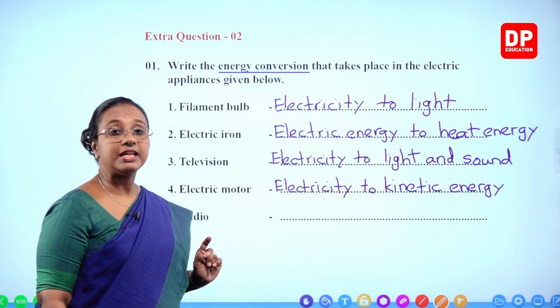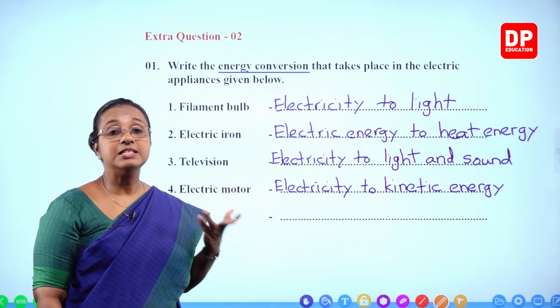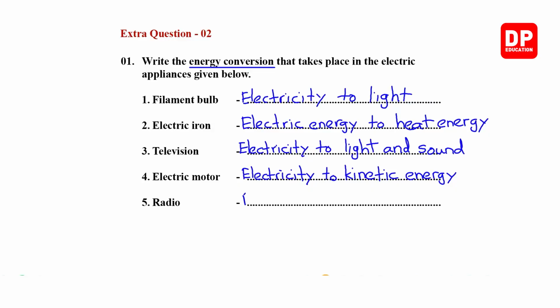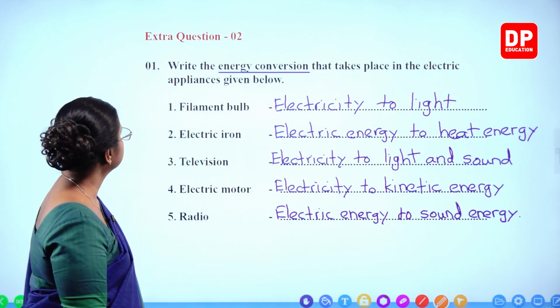And then finally radio. Radio, of course, you don't see anything, you only hear the sound. So electric energy to sound energy. That is in radio. So those are the energy conversions.